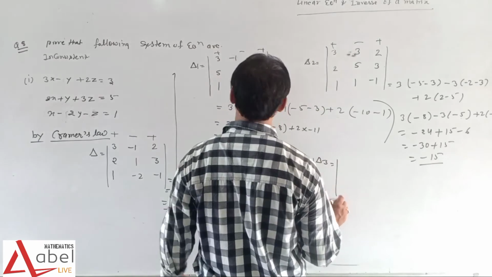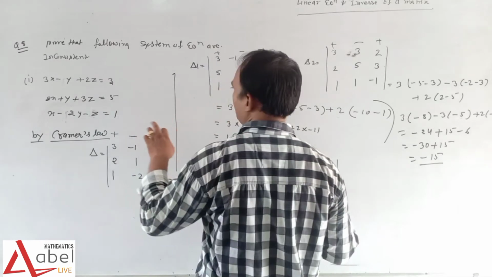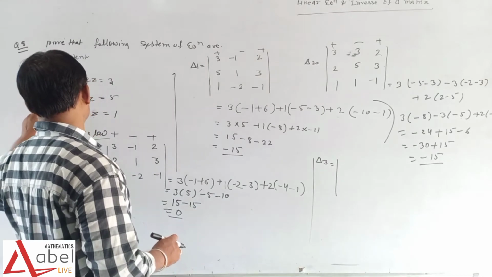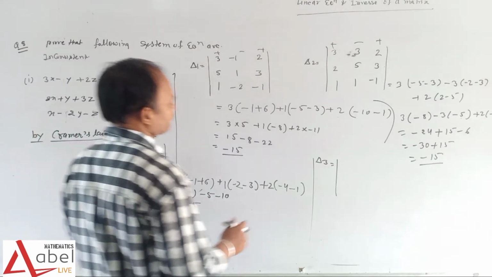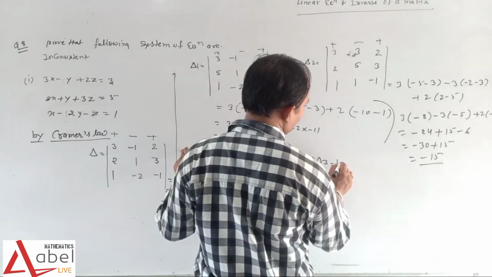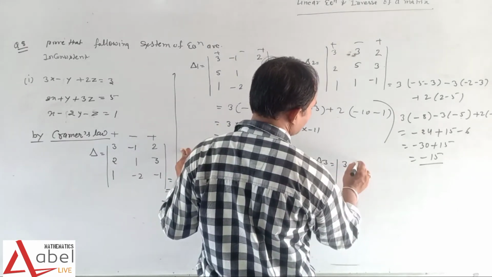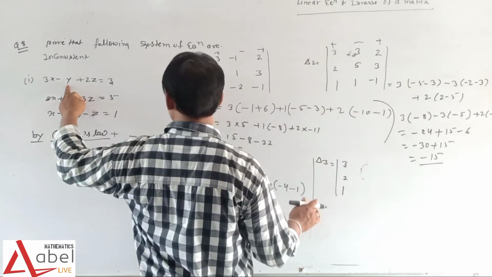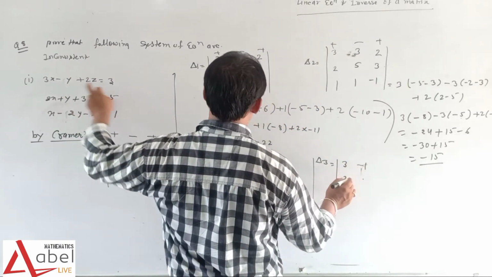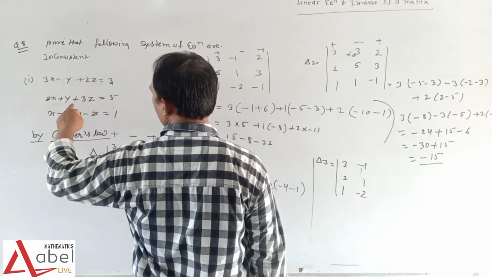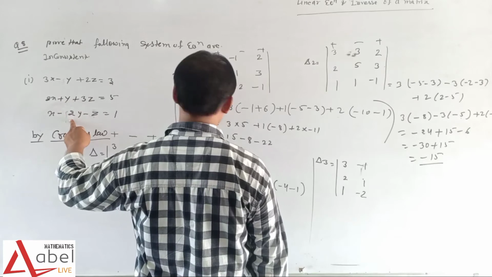When we have to find the value of delta 3, we have to think that the first and second columns are the same, meaning 2, 3, 1, 3, 2, 1. The first is 3, 2, 1 and the second is 3, minus 1, 1, 2, minus 1, 1, and minus 2 is here.